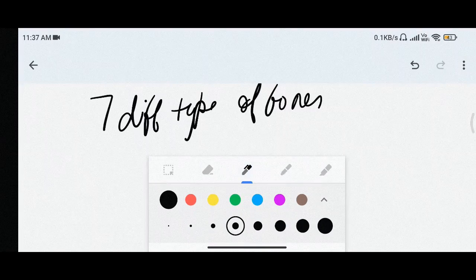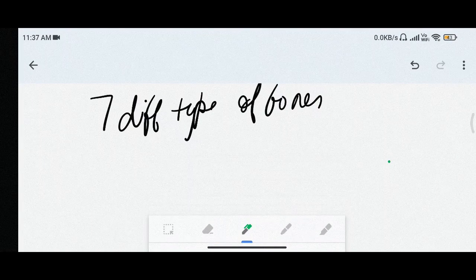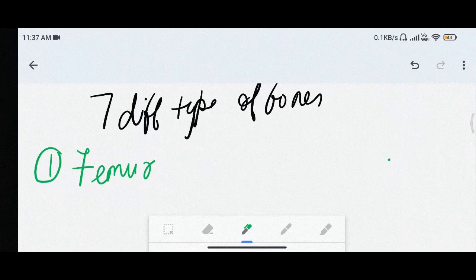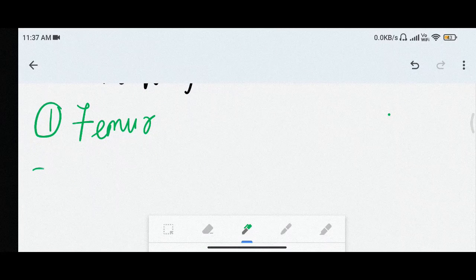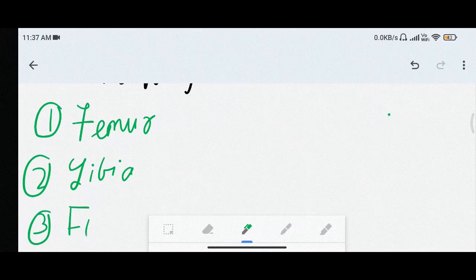So let's write the different types of bone names now. Number 1 will be your femur. Next one will be your tibia. Third one is your fibula.